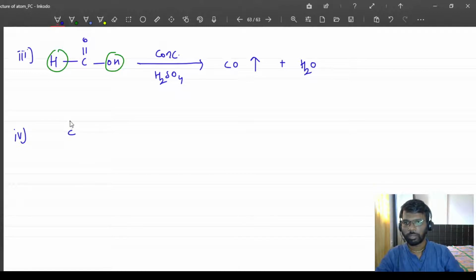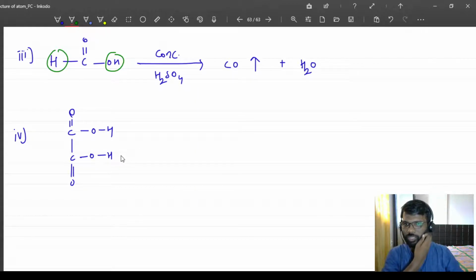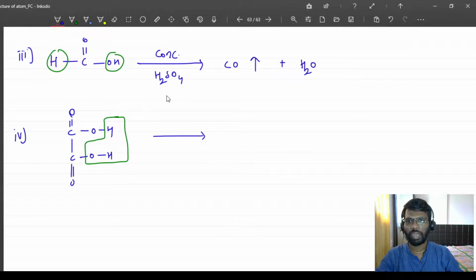Further, this is oxalic acid, C2H2O4. Now here, if you see, it can remove a maximum of one water molecule. Let's consider this is the water molecule which we are removing. This is just a trick, not a mechanism, to remember what the products will be after dehydration.